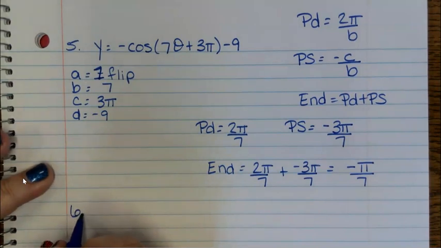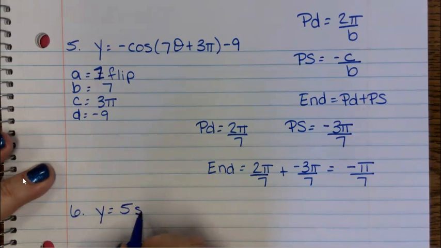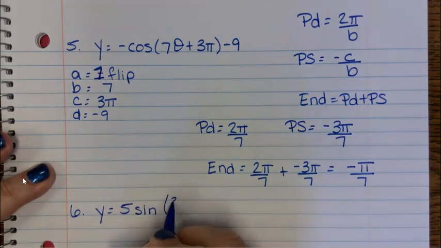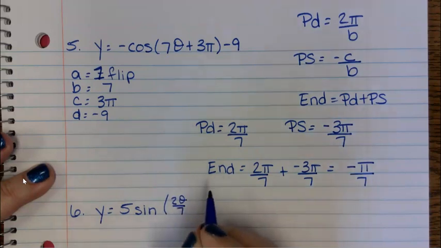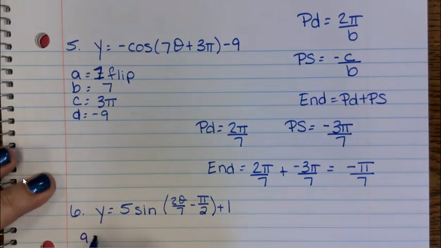And then number 6. y equals 5 sine 2 theta over 7 minus pi over 2 plus 1. Again, if you're in the habit of doing this, I understand.